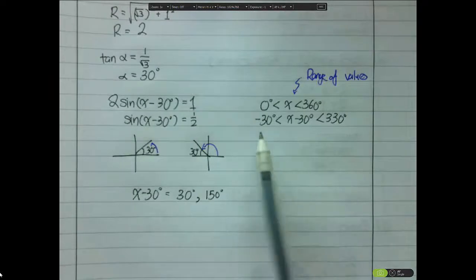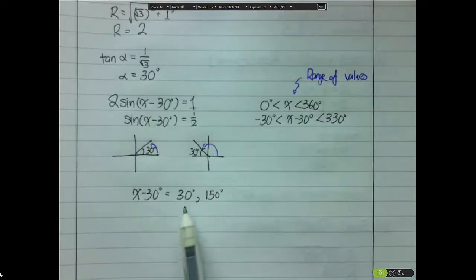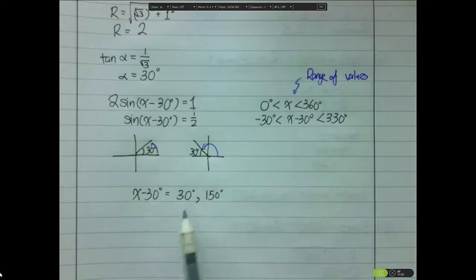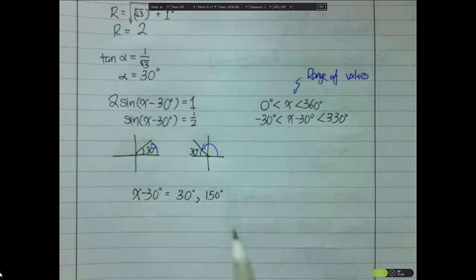Now for the other angles, we better check. 30 plus 360 is 390, out of range, we don't care. 30 minus 360, you go one entire round, is minus 330, out of range, we don't bother. 150 plus 360 is 500 plus, out of range. 150 minus 360, also out of range.